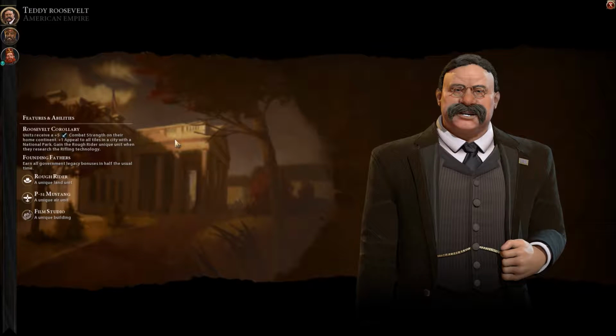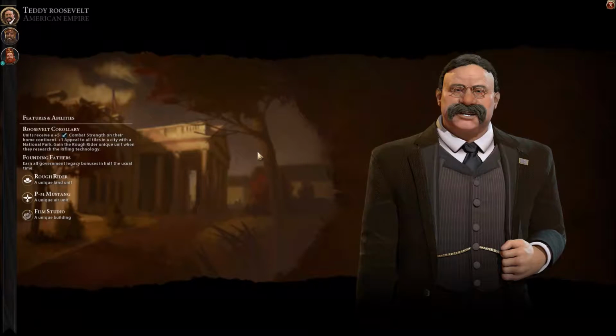He built up the Navy so we could take on any sort of fire that crept up in the Caribbean and Central America. In fact, that's what the Roosevelt Corollary means, and that units receive a +5 combat strength on their home continent.